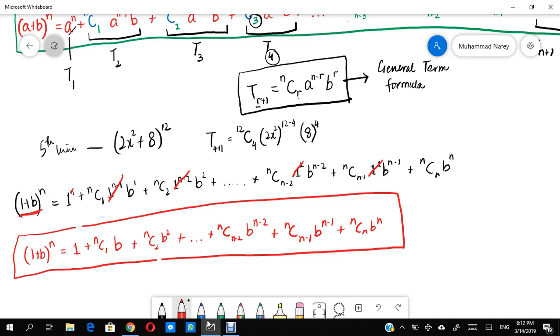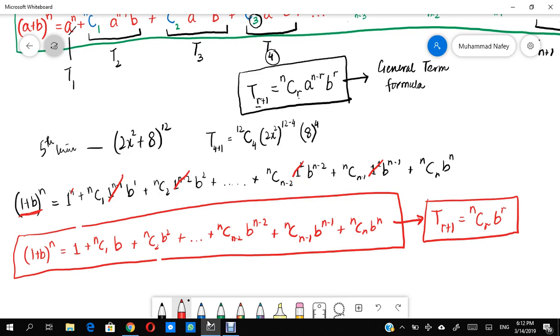So based on that, for such an expansion, the general term formula obviously would become simpler as well. So T(r plus 1) would be nCr because a is 1 and whatever the power you give to 1, it stays 1. So we don't need to worry about this. So it would be b to the power of r. Simple.